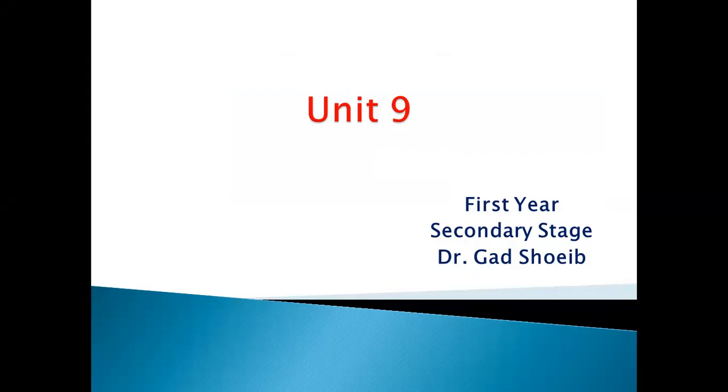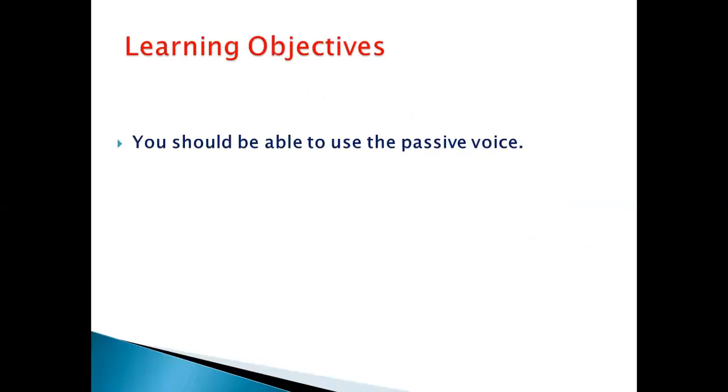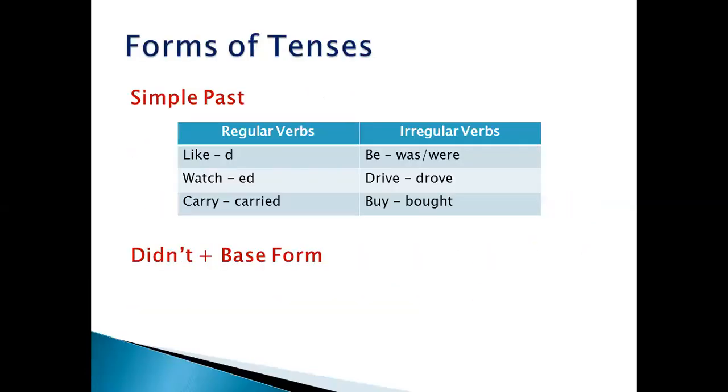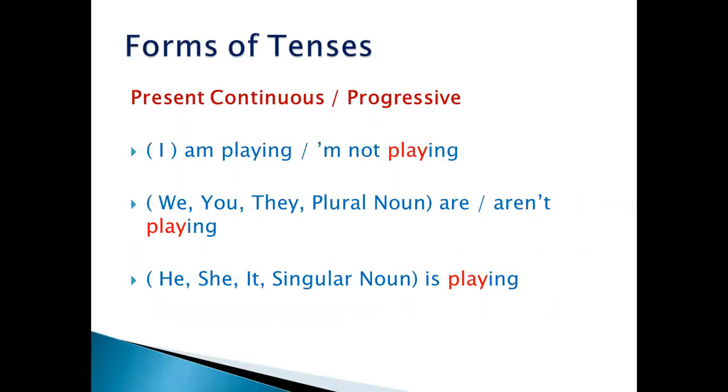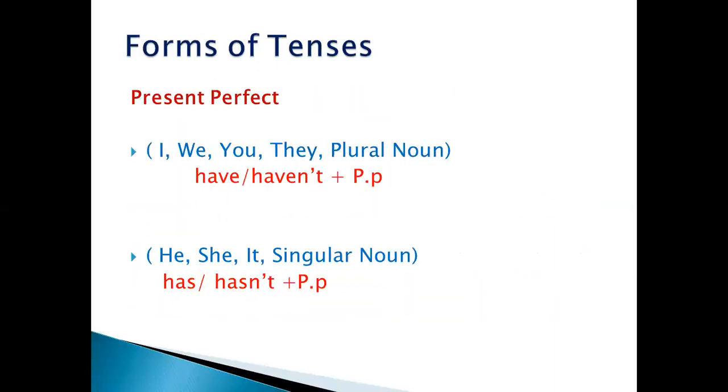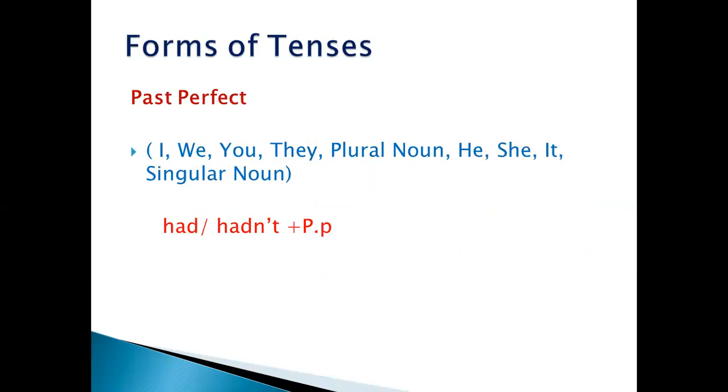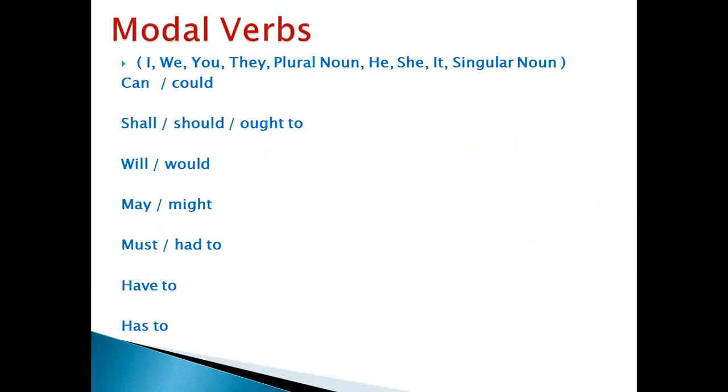As I said last time, the learning objective of this video is to know how to use the passive voice, okay? Last time we had the simple present, simple past, present continuous, past continuous, present perfect, past perfect, and the modal verbs.